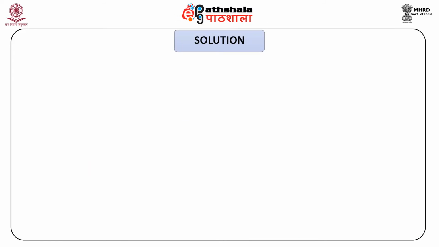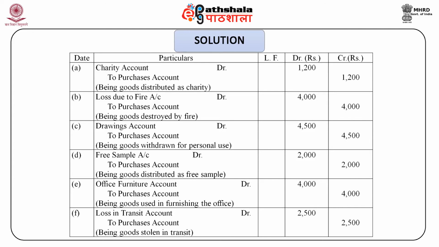The journal entries can be passed as A. Goods costing rupees 1200 given as charity. Sale price rupees 1800. The entry will be charity account debited by 1200 rupees to purchases account as the goods have been distributed as charity.